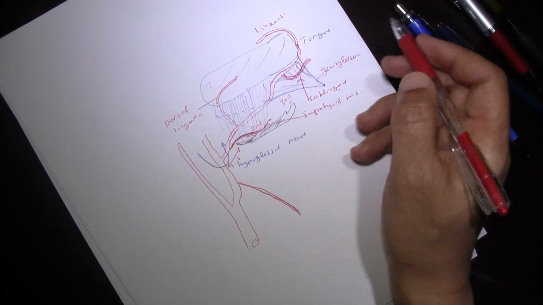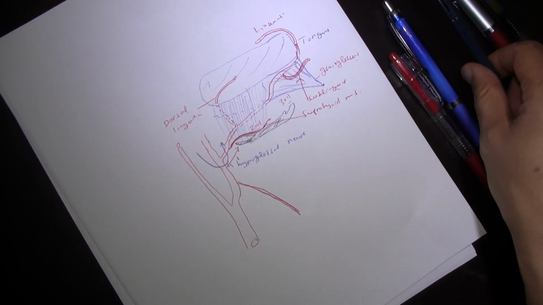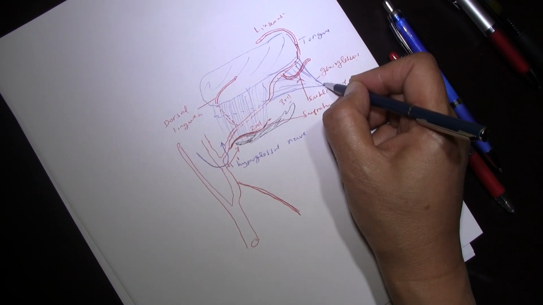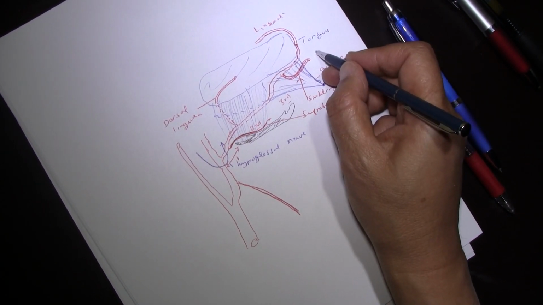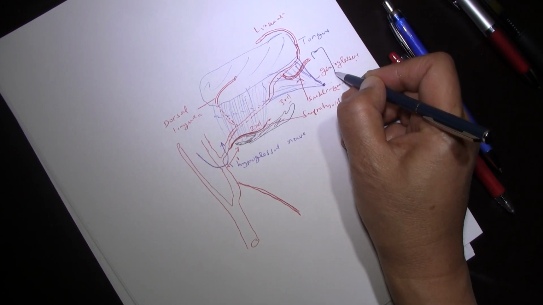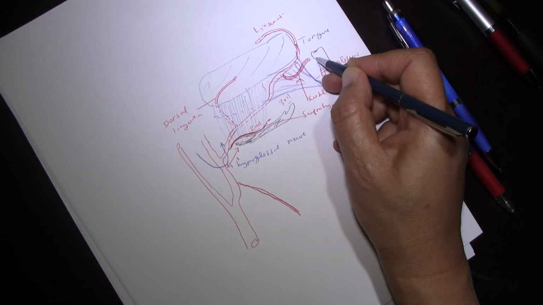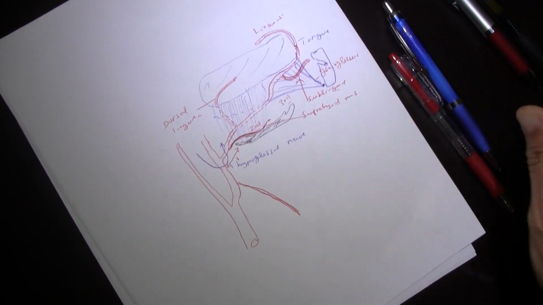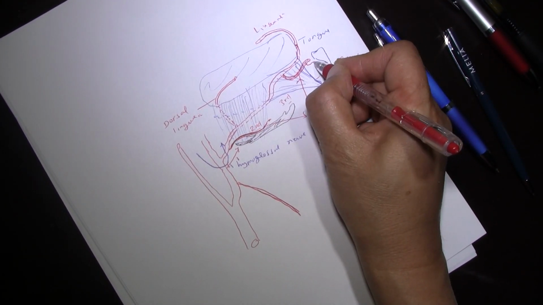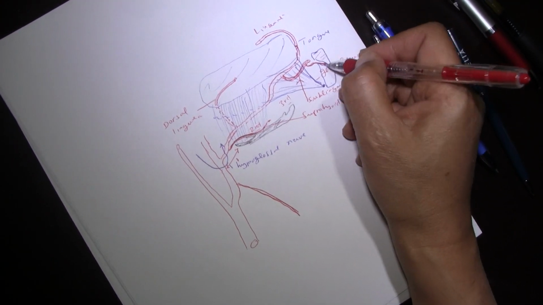However, it also sends branches to the mandible. So this is the genial tubercle of the mandible, which gives origin to genioglossus. So keep in mind that here is the mandible. There is a vascular canal. This vascular canal inside the mandible receives a branch from sublingual artery. So this is the mandibular vascular canal.